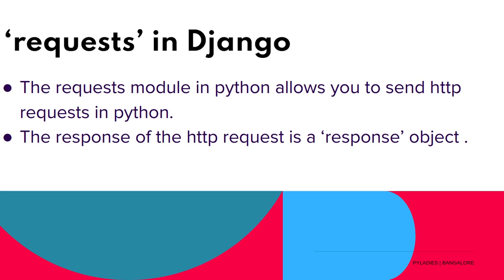Again, it supports methods like put, get, etc. Whenever you call an HTTP method, like requests.get, the response would be a response object. This requests module actually extends the HTTP request and HTTP response. So we'll be using this.